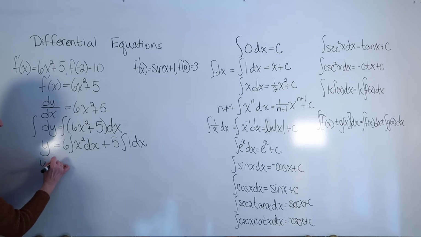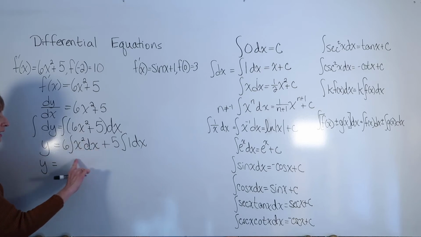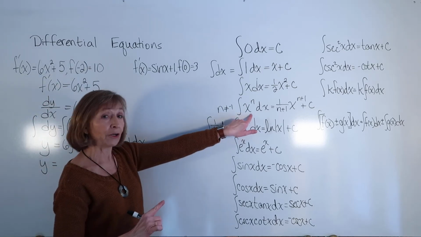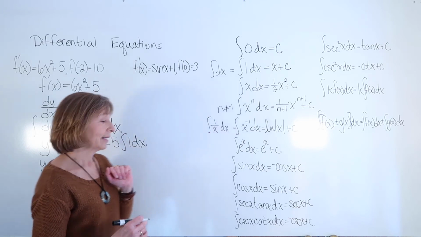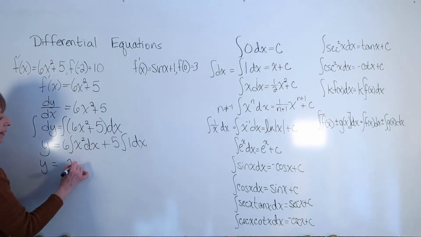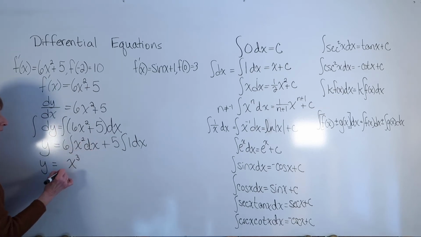Now we are going to apply our rules. So the integral of x squared dx, you add 1 to the exponent and divide by that. That's the rule for a variable to a number power, where my number power is not negative 1. So I have our base of x, add 1 to 2, you get 3. And when I have my 6, I'm going to multiply that by 1/3, since dividing by 3 is like multiplying by 1/3.